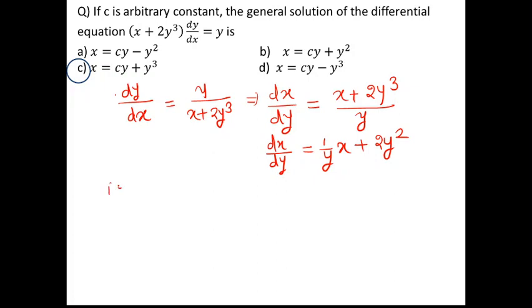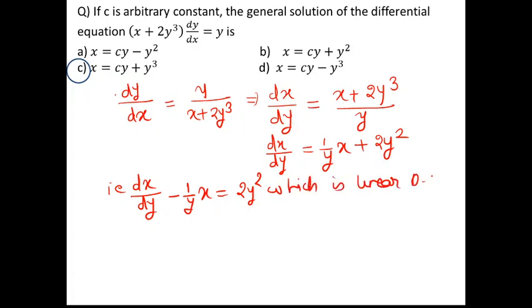So you can see here what we get is a linear differential equation with x as the dependent variable.